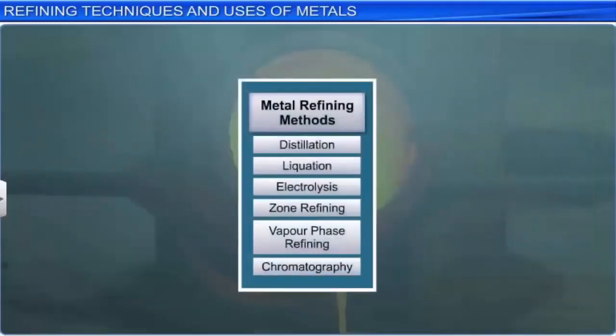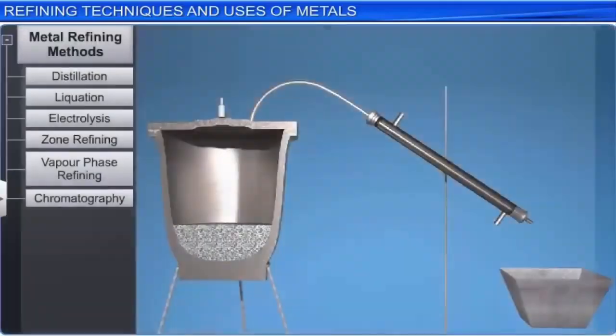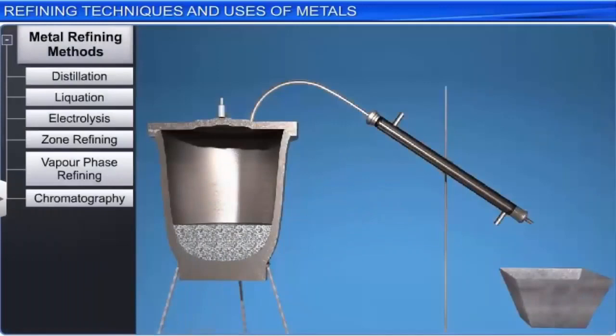Depending upon the nature of the metal and the impurity present, various refining methods such as distillation, liquation, electrolysis, zone refining, vapor phase refining, and chromatography are used. Let's look at each one of these techniques in detail. First, let us study distillation.